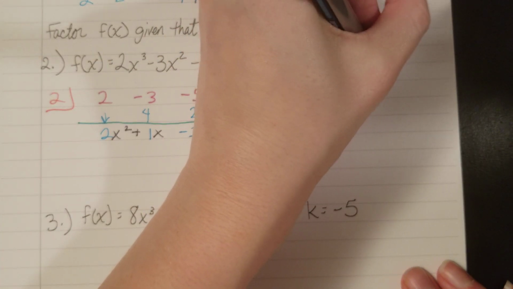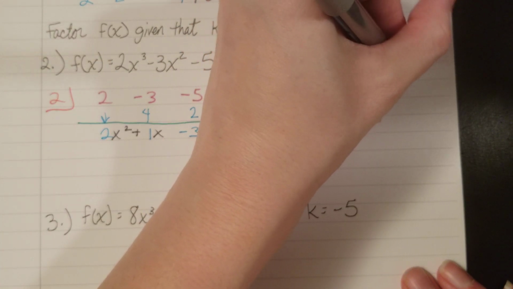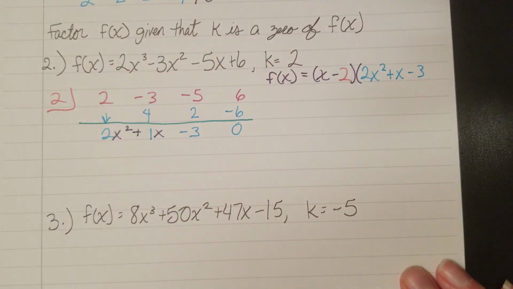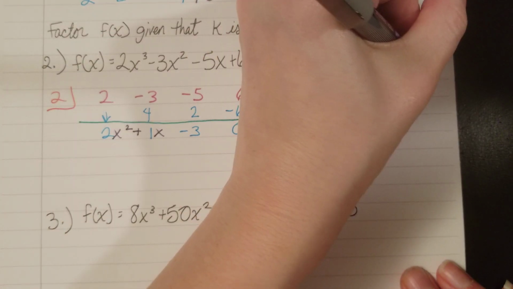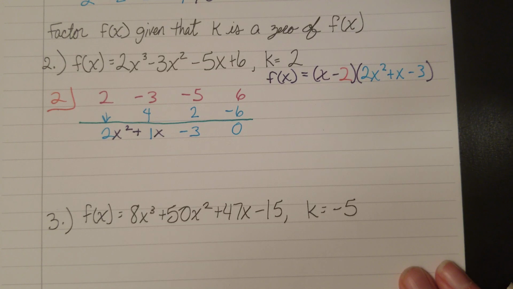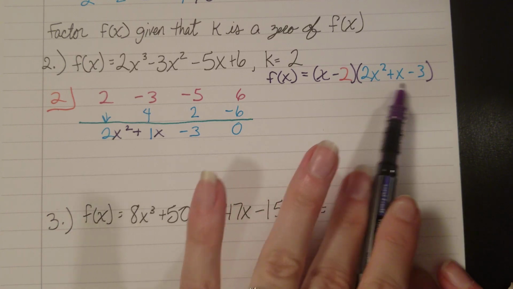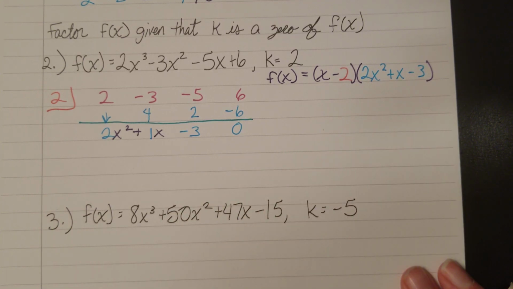So 2x squared plus x minus 3. Okay, so we have factored it a little bit there, and then our goal is to factor it, so they want us to factor this part right here.